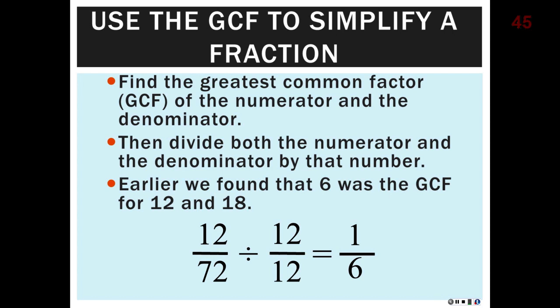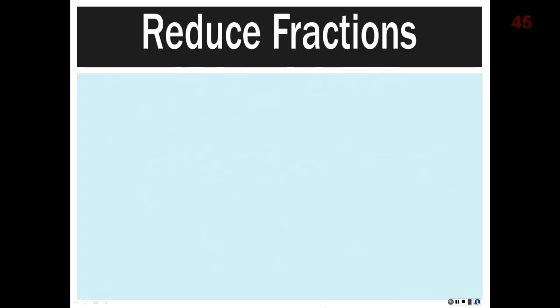But if you pick 6, it's okay. Go ahead and reduce it by 6 and then see that you have to reduce it again. Whatever will work is fine. It's just that if you are asked on the COMPASS test, which is where they're going to ask you this, for the greatest common factor, the answer is 12, not 6.